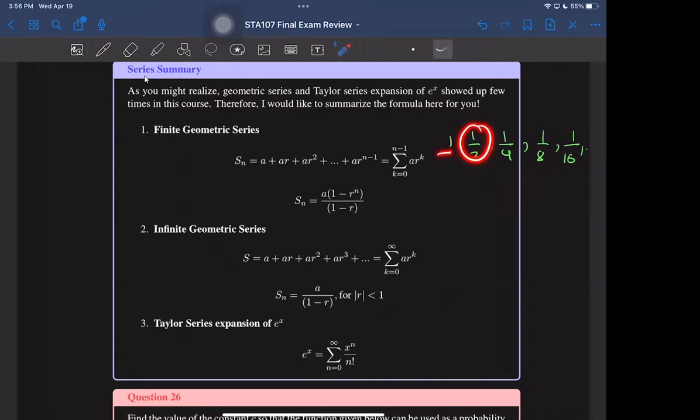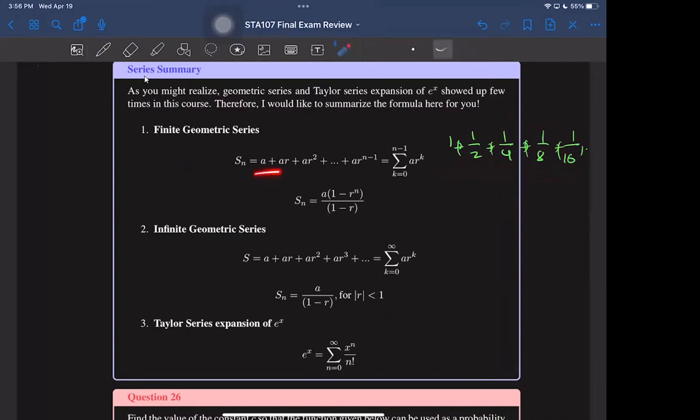This term is 1 multiplied by 1 over 2. This term is 1 over 2 multiplied by 1 over 2. This term is the previous term multiplied by 1 over 2. So we call this sequence a geometric sequence. And if you add them together, you have a geometric series.